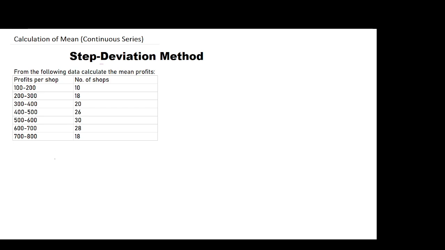So class interval frequency is given, and we know that the formula for step deviation method for calculating mean is x bar is equal to capital A plus summation f into d dash divided by capital N into h.